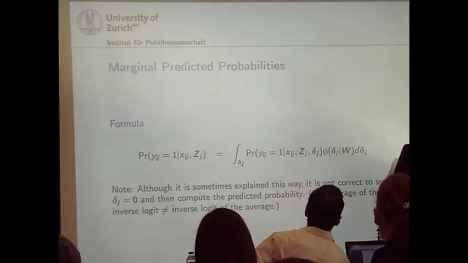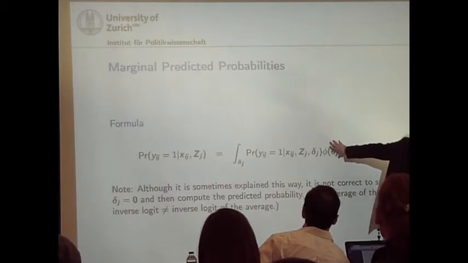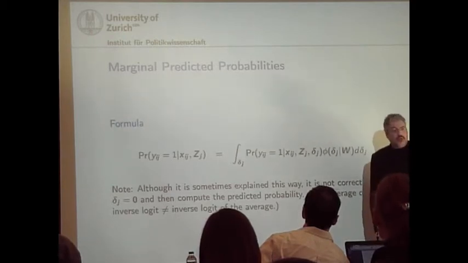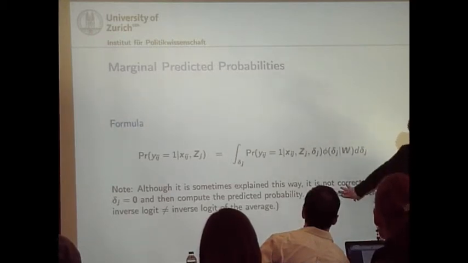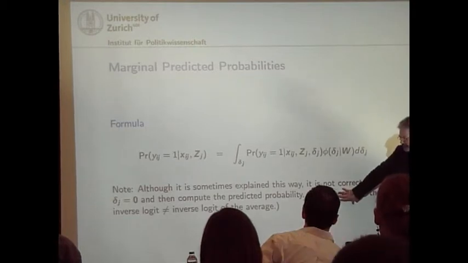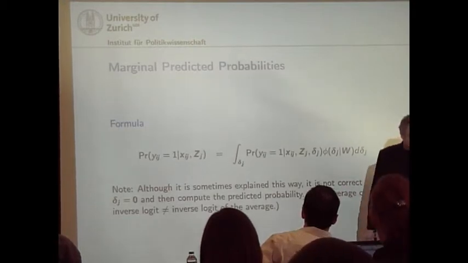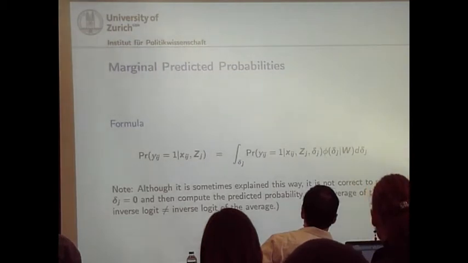Now, this is the right way to do it. What sometimes is done, but what is actually wrong, this is the thing that I fell prey to as well, is to say, well, let's just set the deltas equal to 0 and then calculate the probability.